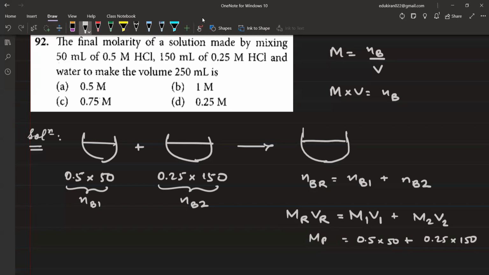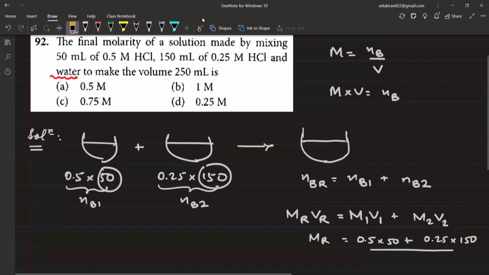Now, if I write MR, that means I have to divide this by the volume of the resultant solution. So when I'm going to mix 150 ml and 50 ml, then I'm going to get, oh, we have also water here, no? Okay, fine. So when I add 150 and 50, I get 200 mL.